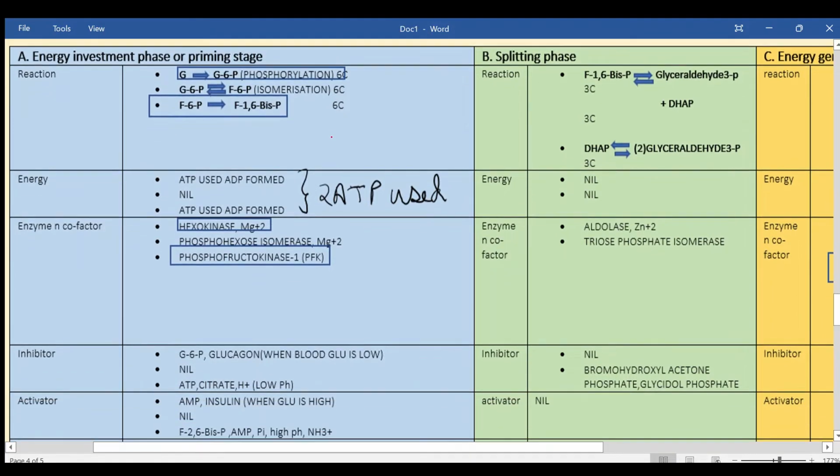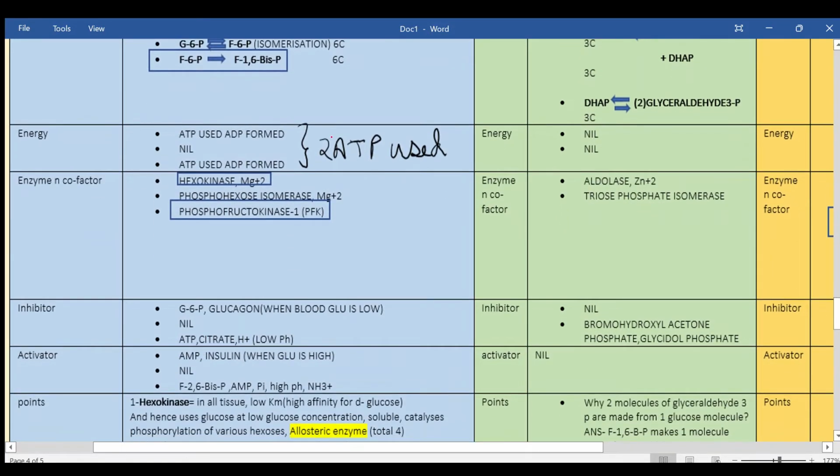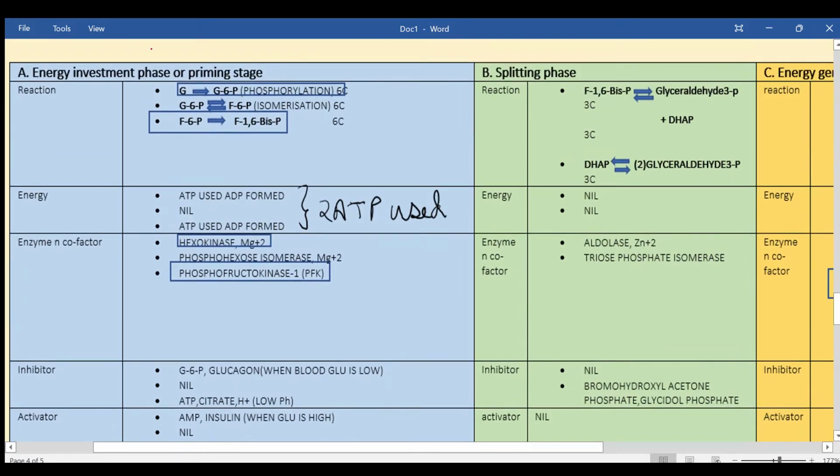Now, energy consumption or energy production: as I have already told you, the energy investment phase is definitely using energy but not producing energy.